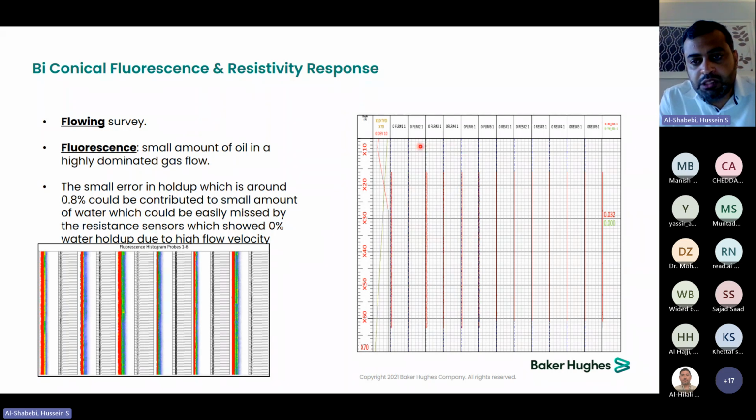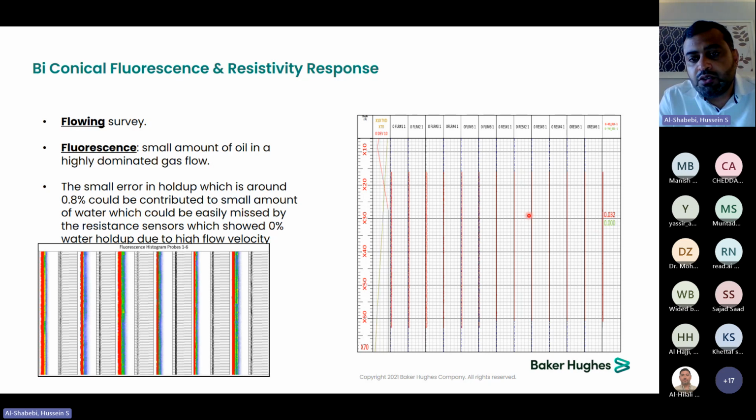And over here, the fluorescence is to get the oil. So basically, you can see we are reading a little bit high from the 0, which is calculating to be around 3.2% of oil that we have from the fluorescence, while 0% from the resistance.